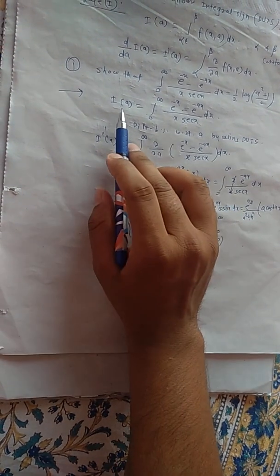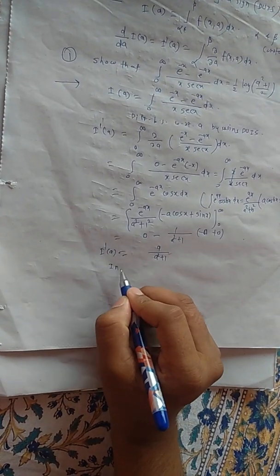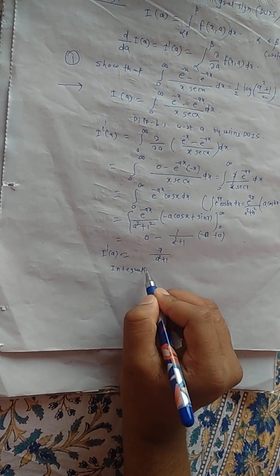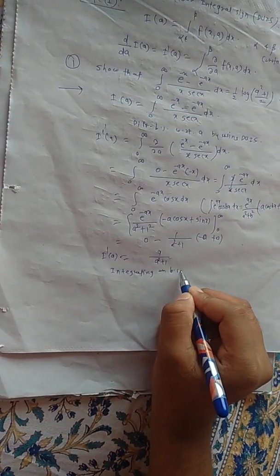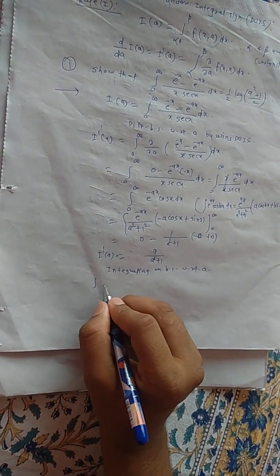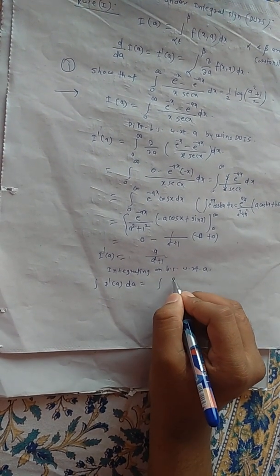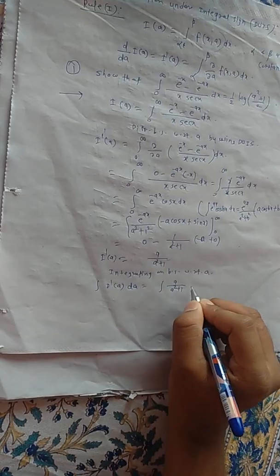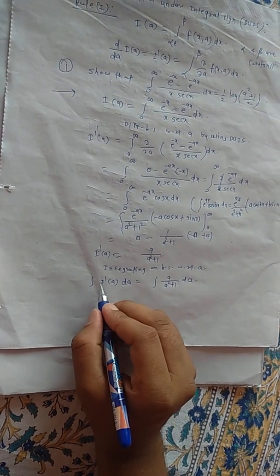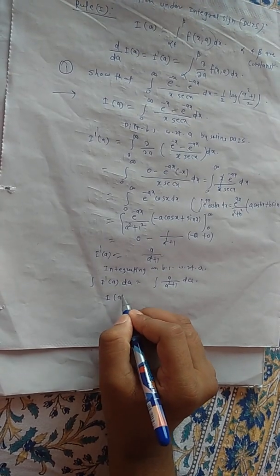Now we require I of a, so I am integrating on both the sides with respect to a. It becomes the integration of I dash a da, which is equal to the integration of a upon a square plus 1 da. Integration and derivative get cancelled, so it becomes I of a.